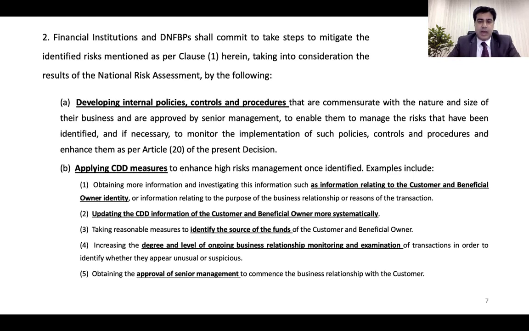Next comes identifying the source of funds. If a transaction is happening, there should be a source of funds. We are not saying that we have to look at each penny, but if the transaction is, let's say, for 1 million cash, I need to understand how the 1 million cash has been delivered in UAE, because cash is not a free transaction in UAE. There is a possibility that you withdrew the funds from a bank, fine. The bank statement along with the withdrawal slip can be looked at and assessed. That's one mitigation.